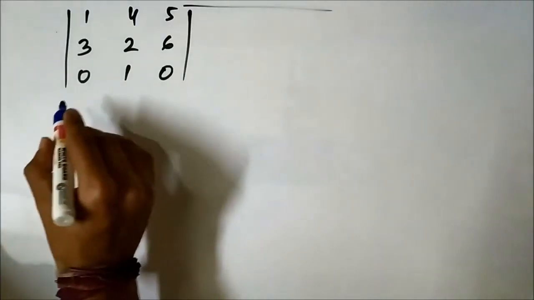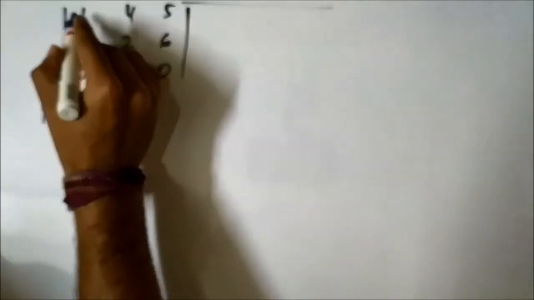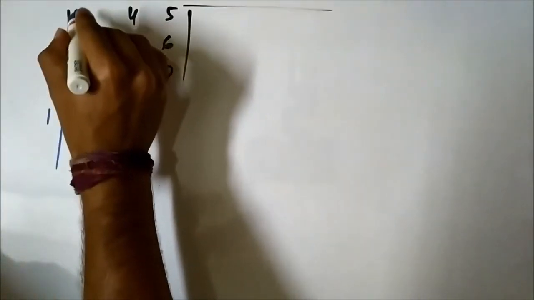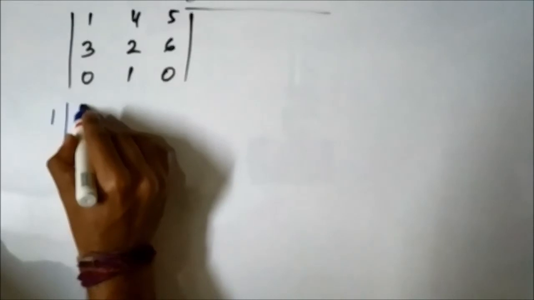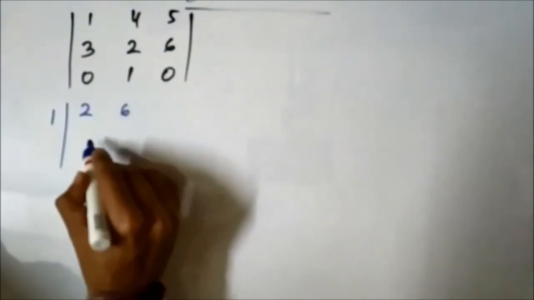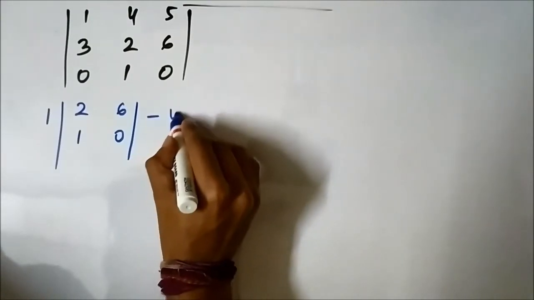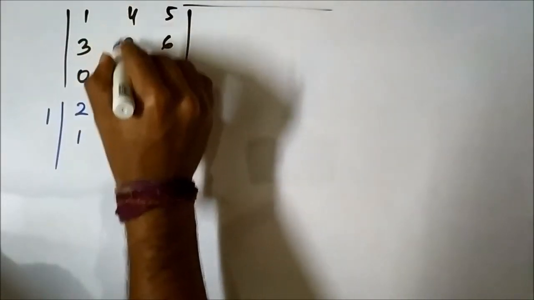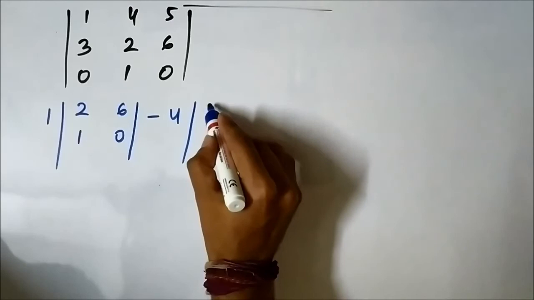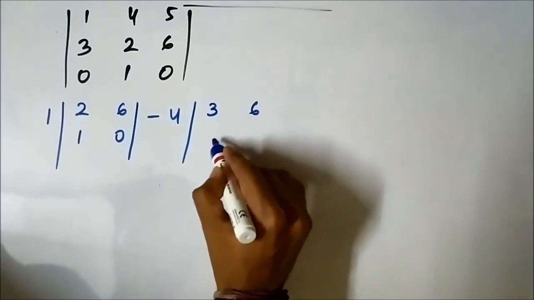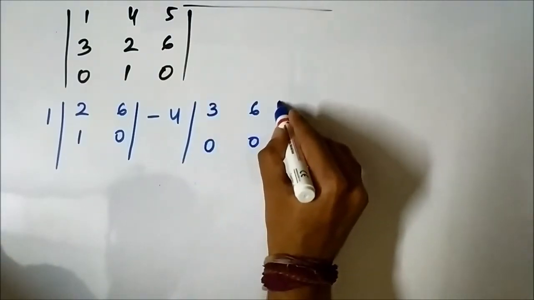1, we'll omit the first row and the first column, so it'll be 2, 6, 1, 0. Then minus 4, we'll omit the second column and the first row, it will be 3, 6, 0, 0.